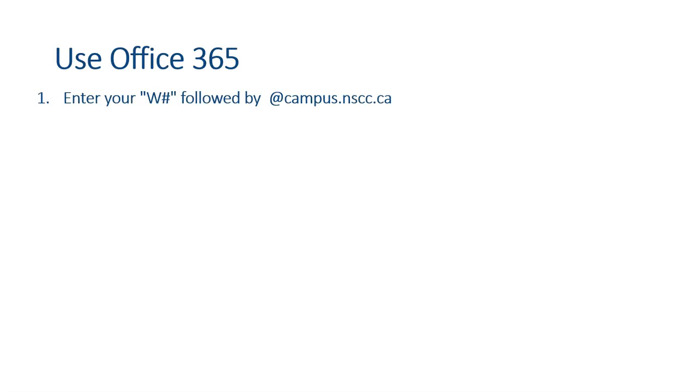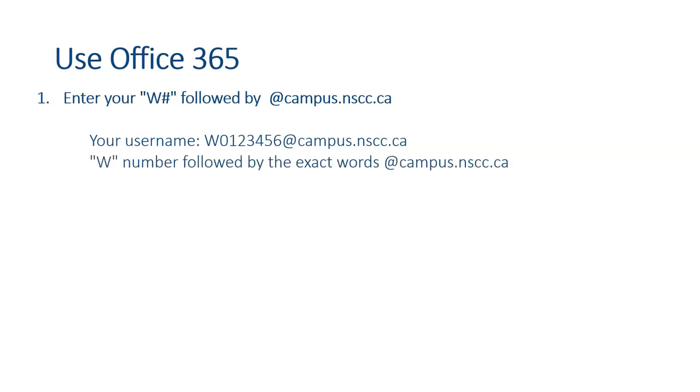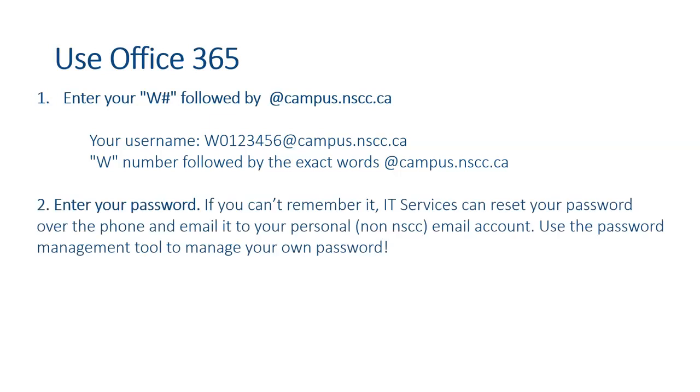To use Office 365, you need to enter your W number followed by @campus.nscc.ca. So your username, your W number, @campus.nscc.ca, and you must use the exact words @campus.nscc.ca. Then you enter your password.